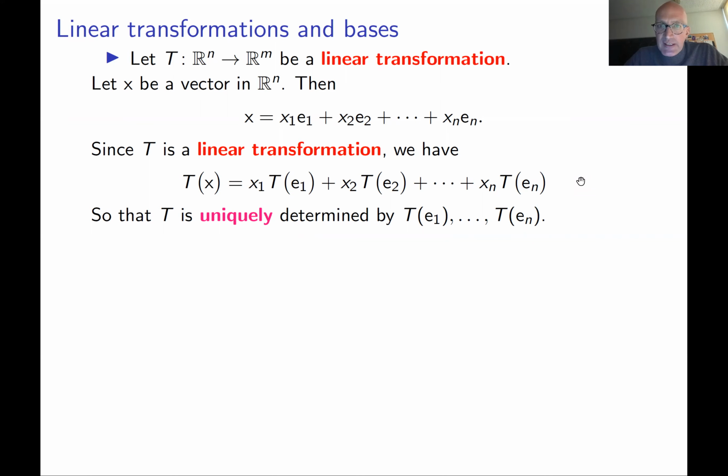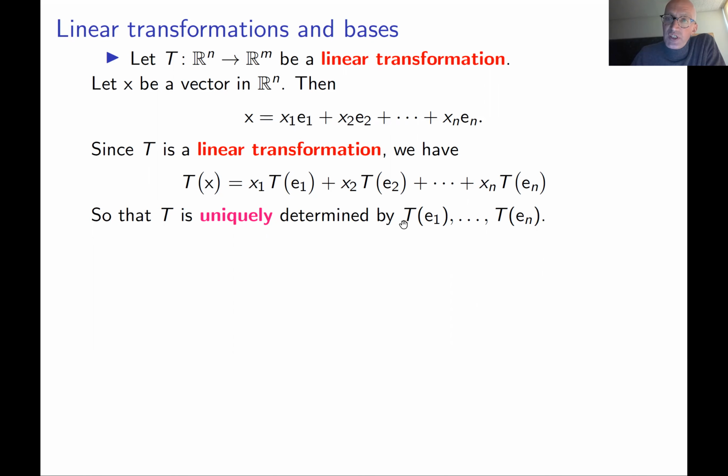So what does this line mean? This line basically means that T of x is uniquely determined by the coordinates of x and the outputs T of e1, T of e2, T of en, the images of the vectors e1 up to en. So T is uniquely determined by these n vectors, T of e1 up to T of en.